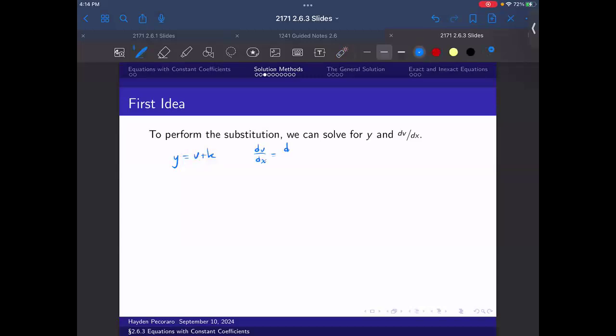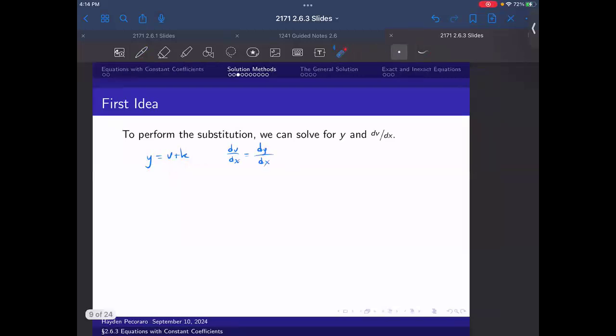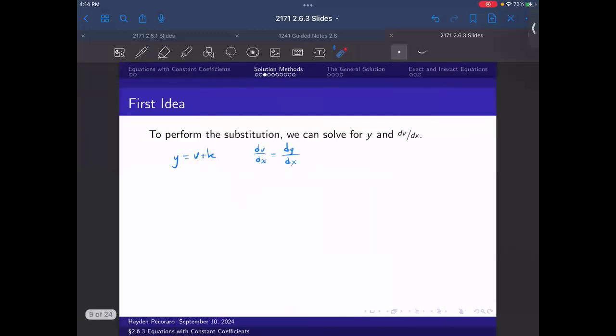We'll need the chain rule later on. Immediately it is dy/dx. If I differentiate both sides of this, the k disappears because it's a fixed real number, and then I just get dy/dx on that side.